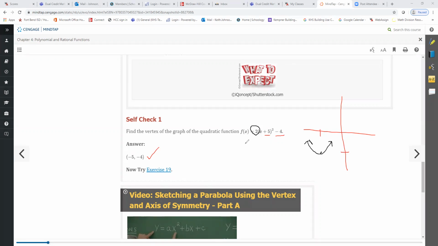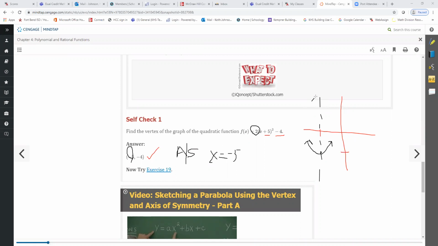Again, you put this in your calculator, you're going to graph it, right? But where's my axis of symmetry? Axis of symmetry is always x is equal to your x value, -5. Okay, so it would be right here.